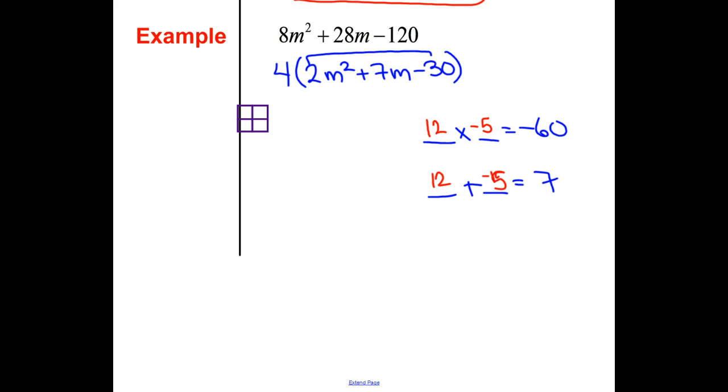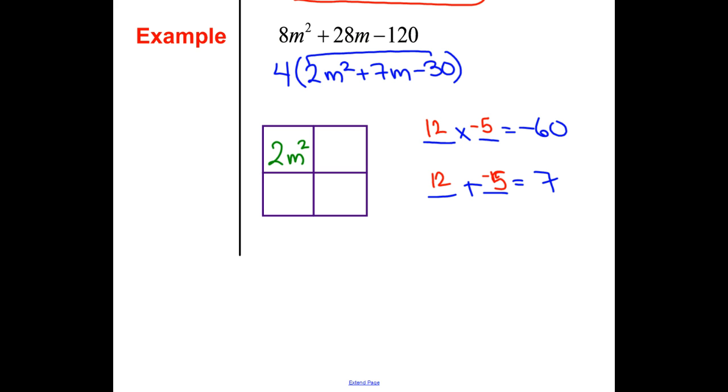Now I'm going to bring down my box and use that to pull my greatest common factors. So I'm going to fill in the pieces again with 2m squared and negative 30 going inside there. Then I'm going to pull my other two over here, so 12m and negative 5m. Pull out my greatest common factors. The greatest common factor of 12m squared and negative 5m is m. 12m and negative 30, that's going to be 6. 12m and 2m squared is going to be 2m.